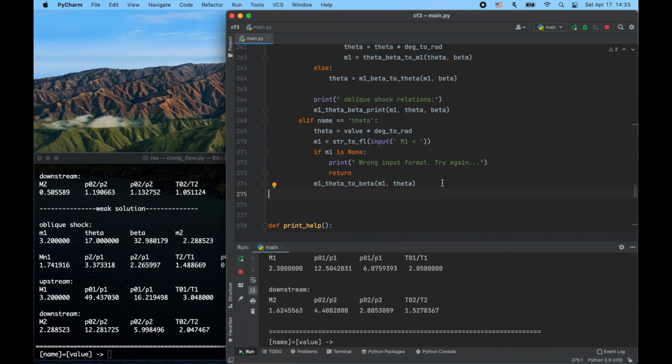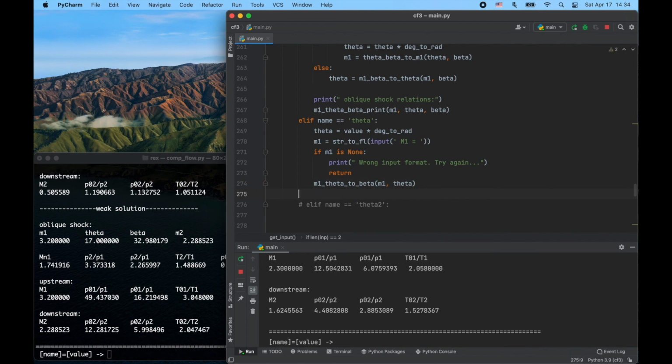Oh, before we move on to expansion wave, I would like to make it possible for the user to change the constant. So, in case the gas is not air, it might be helium or whatever.